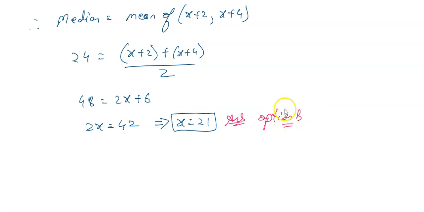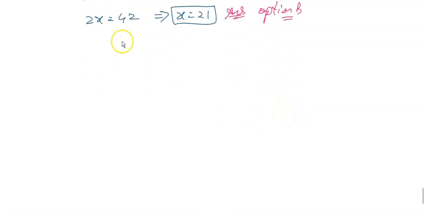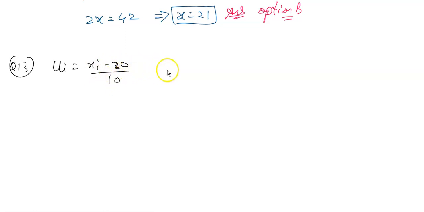Then question number 13 says ui is equal to xi minus 20 by 10, summation of fi ui is equal to 30 and summation fi is equal to 40.